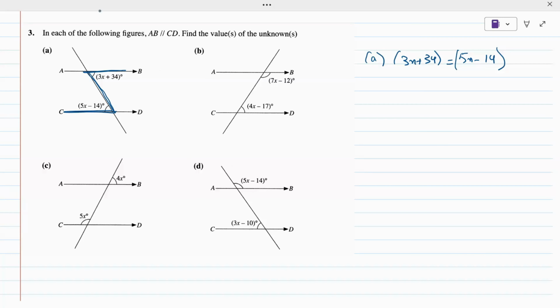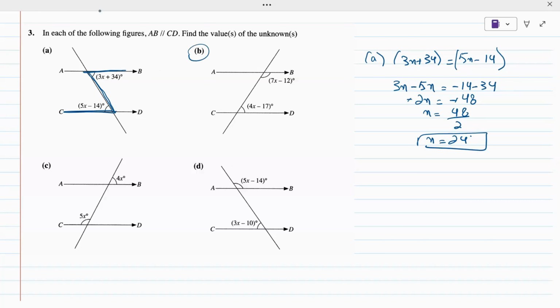And then we can simplify it. 3x minus 5x is equal to minus 14 minus 34. 3x minus 5x, that's a minus 2x. And minus 14 minus 34, that's a minus 48. Minus signs get cancelled. x is equal to 48 upon 2. x is equal to 24. That was about part A.